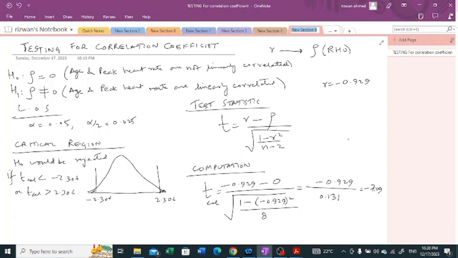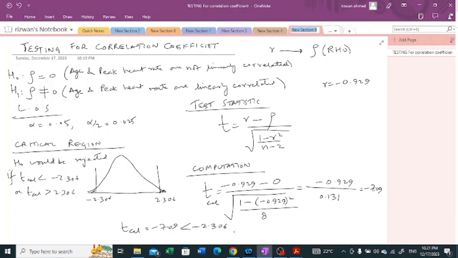Again, T calculated is minus 7.09, that is less than minus 2.306. This is again the case of rejection of the null hypothesis in the left tail.